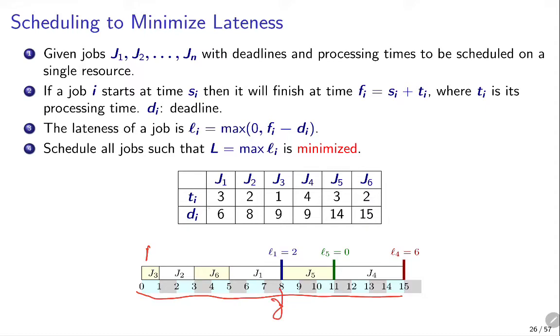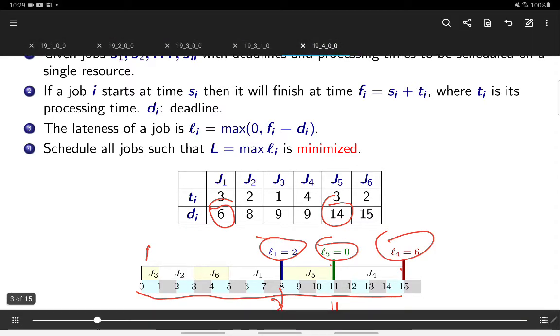But the deadline for job 1 is 6, so the lateness is going to be 2. Similarly, J5 is going to be completed at time 11, and its deadline is 14, so we completed before the deadline, so the lateness for it is 0. And J4, similarly, the lateness is going to be 6. Okay, so this is this example.